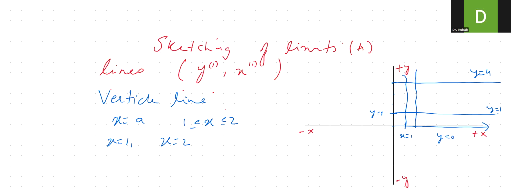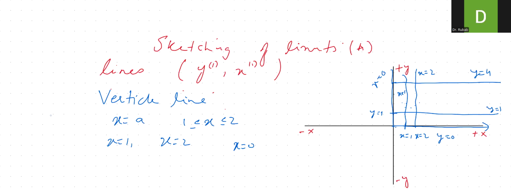So you can see these are vertical lines, x = 2 and x = 1. If you have to draw x = 0, this will be the y-axis crossing here. So we have horizontal lines and vertical lines. These are the fundamental lines.